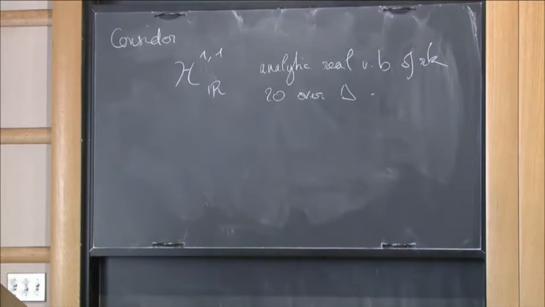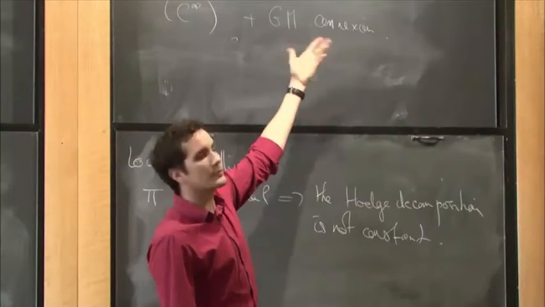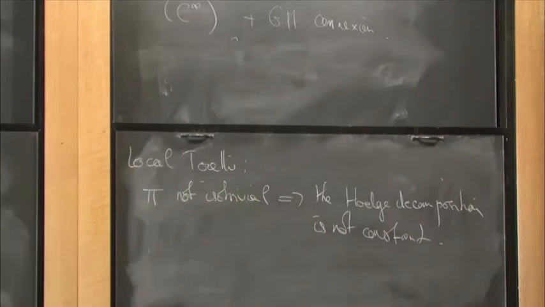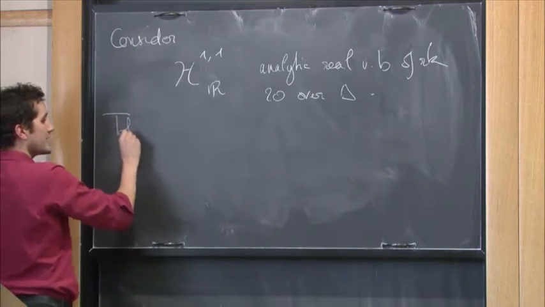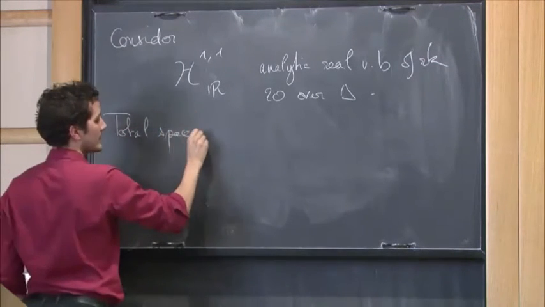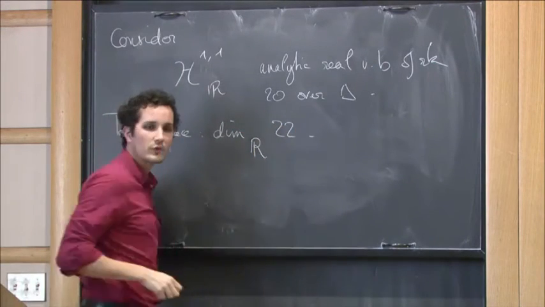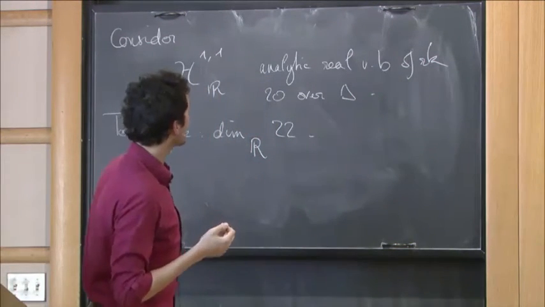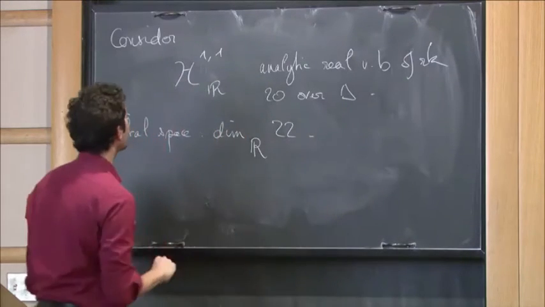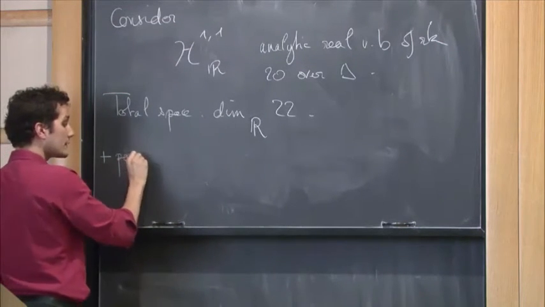This is just due to the fact that we have a splitting of complex vector bundles, analytic complex vector bundles over real analytic vector bundles over delta. But this decomposition is invariant under complex conjugation. So the middle part actually comes from a real vector bundle, and the total space has dimension 22 over the reals, because the unit disk is a two-dimensional manifold. So this has dimension 22, and we also have parallel transport.